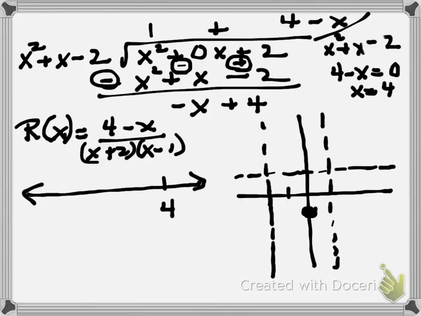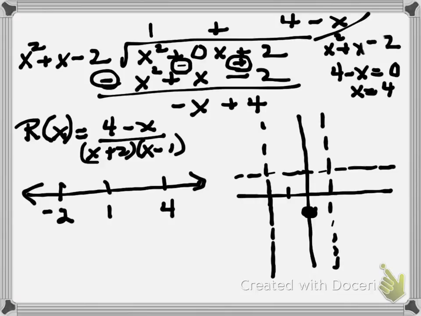In the denominator, I have a -2 and I have a +1. So that gives me different regions that I need to test, and I test them in this remainder.